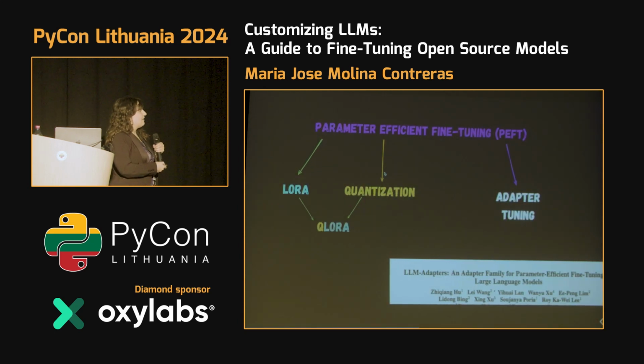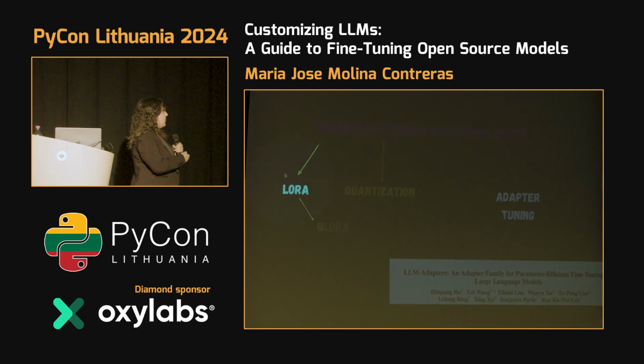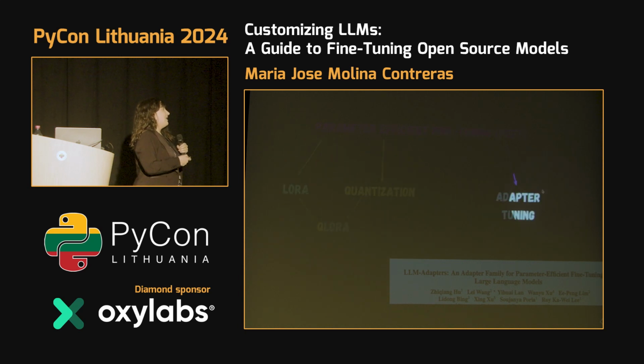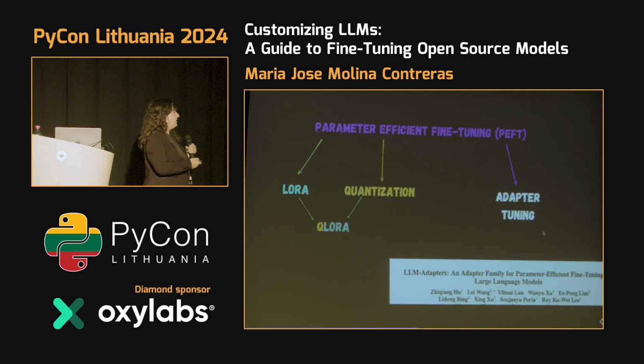And here we have some of them, not all of them, because it was too much information and I tried to simplify as much as I could. However, we are going to talk about LoRA, about quantization, about QLoRA, that is the fusion of LoRA with quantization, and some adapter information.